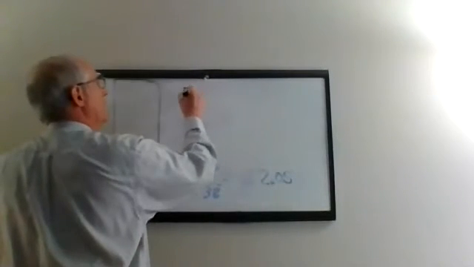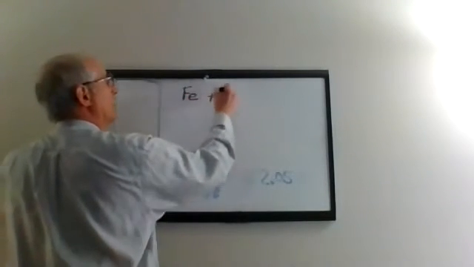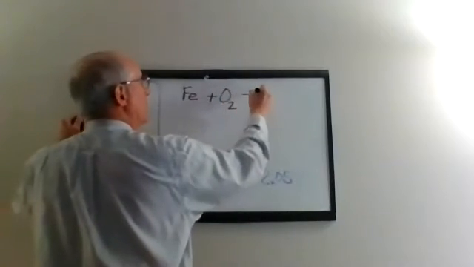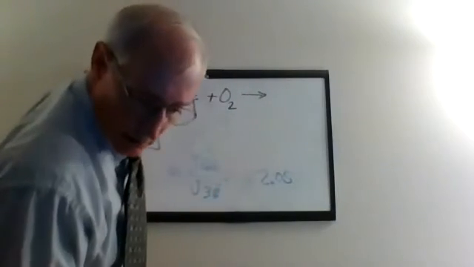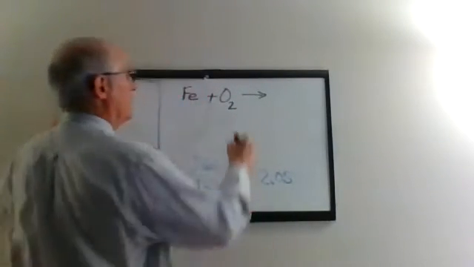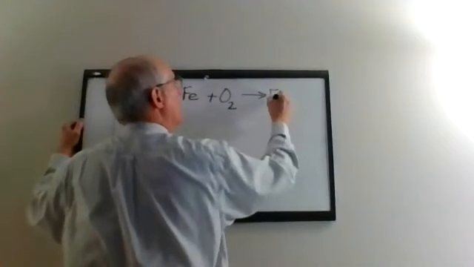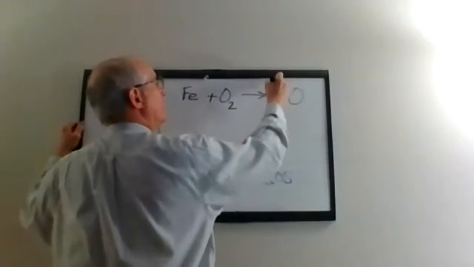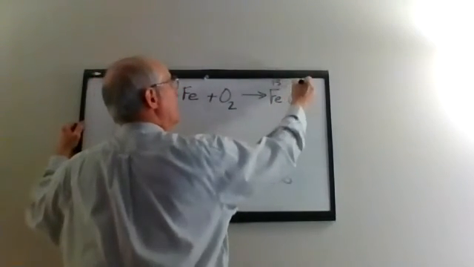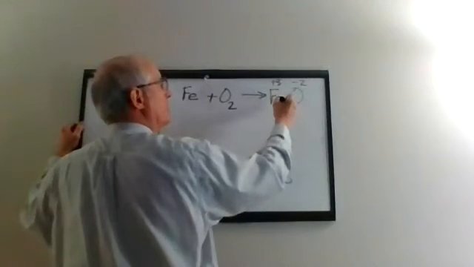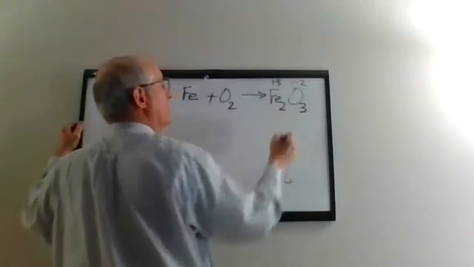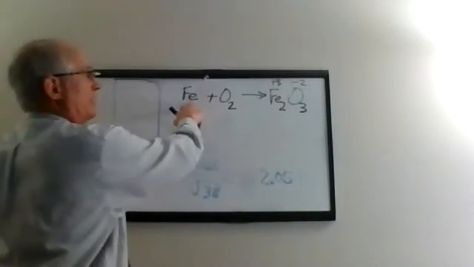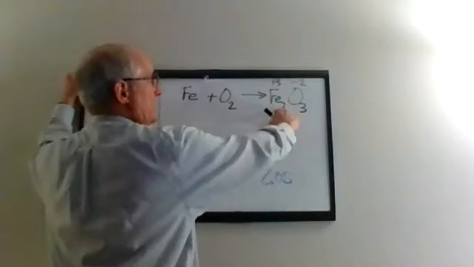Iron is Fe, oxygen is O2, and we produce iron 3 oxide. Iron oxide plus 3, that's -2, crisscross, 2 goes there, 3 goes there. This is written correctly, that's written correctly, and now that's written correctly.